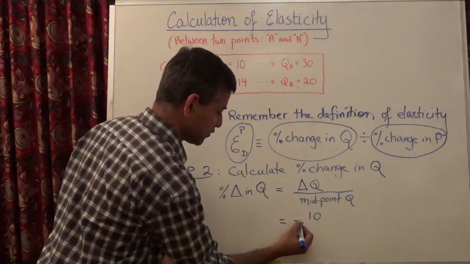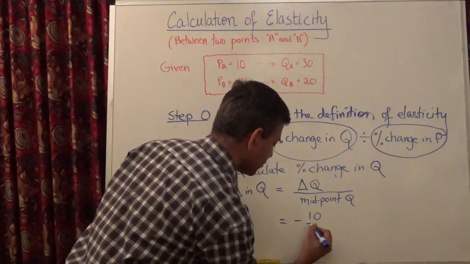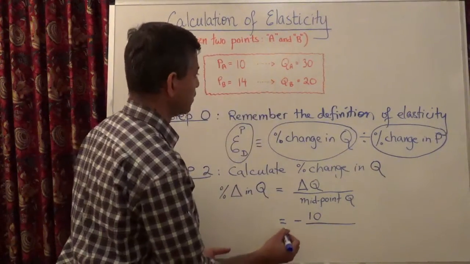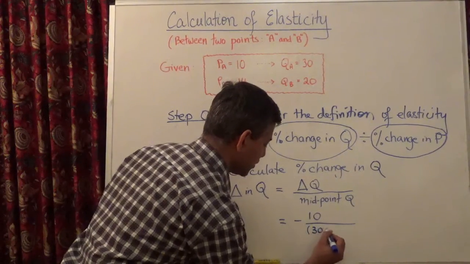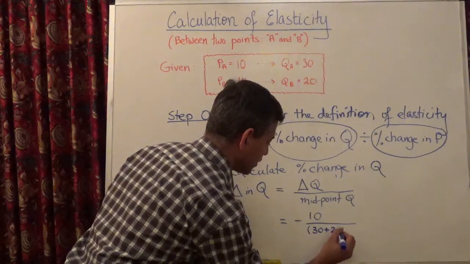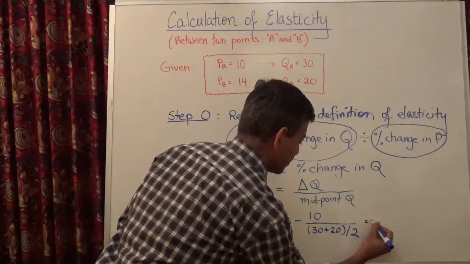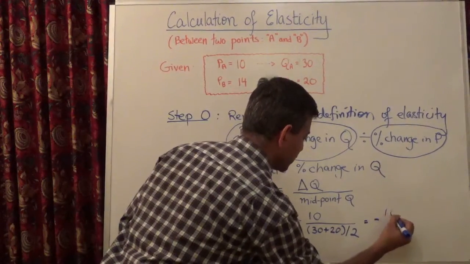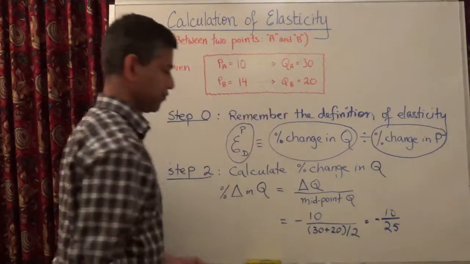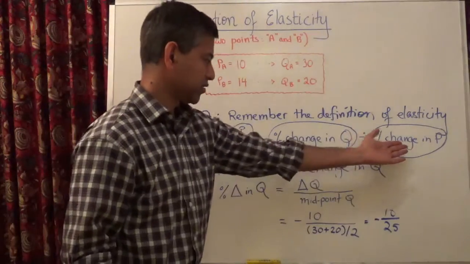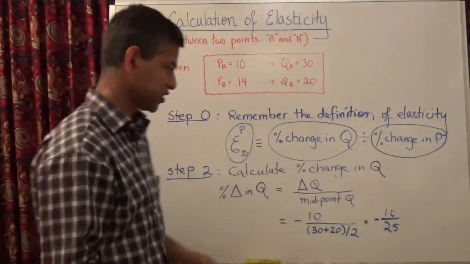So that's the significance of the negative sign. So negative 10 divided by the middle point of those 2 points, 30 and 20 divided by 2, which gives us negative 10 over 25. Okay.